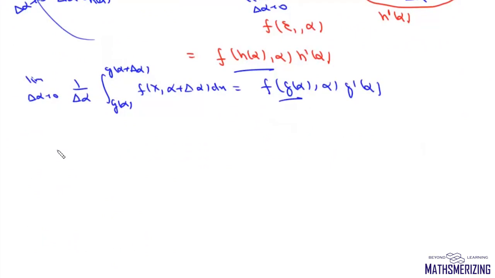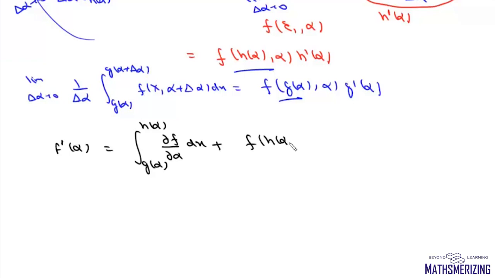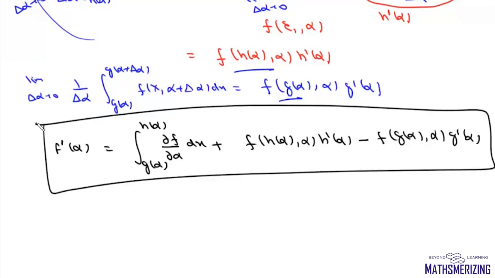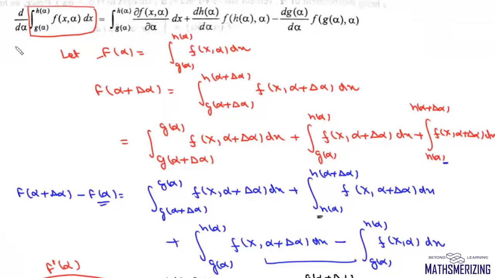So now we can write f dash alpha as this integral from g alpha to h alpha of del f by del alpha dx, and then plus f(h alpha, alpha) into h dash alpha minus f(g alpha, alpha) into g dash alpha, which is the result that we need to prove. So this is how we prove the Newton-Leibniz formula for the general case.